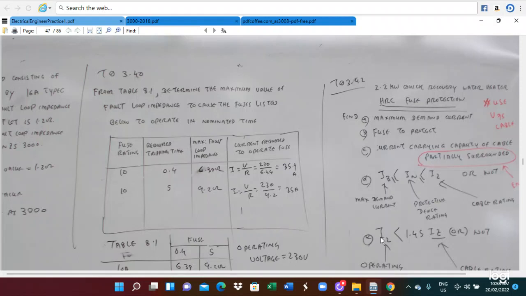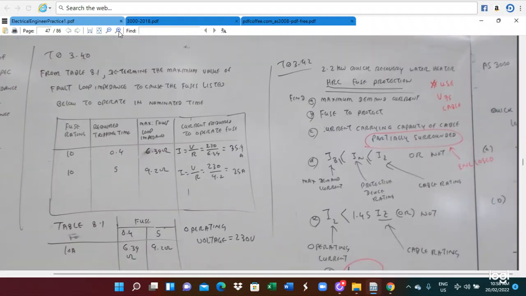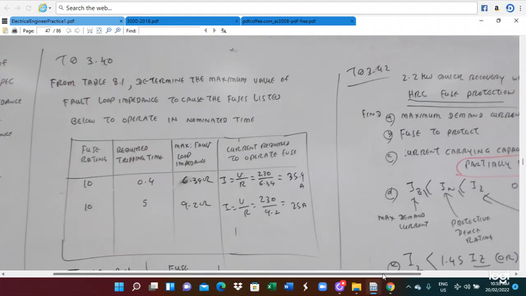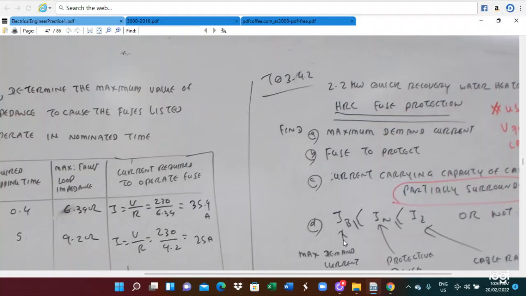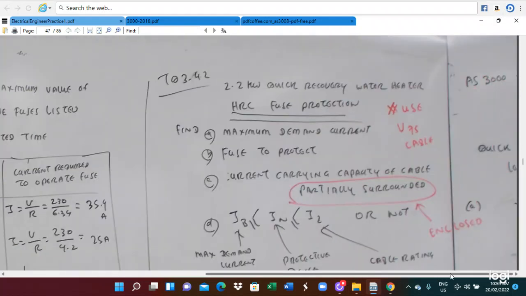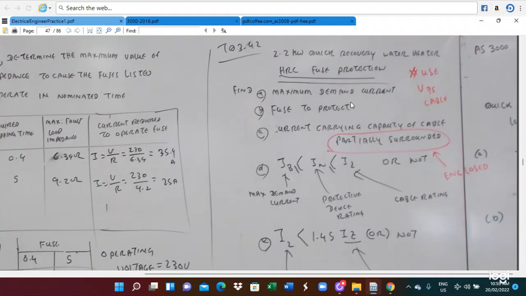The next one is a 2.2 kilowatt quick recovery water heater. This water heater is protected by HRC fuse protection.